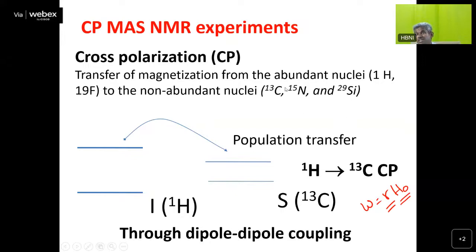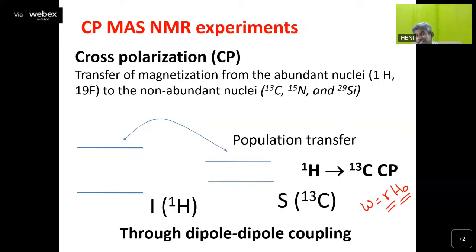Because carbon-13 is less abundant, if you want to get a good signal-to-noise ratio, we need some sort of polarization transfer from proton. Invariably, in all organic compounds, carbon is many times associated with hydrogen. So we are lucky that we have an abundant species like hydrogen very close to carbon. With that dipole-dipole interaction, if hydrogen is away from carbon, then we cannot do it, because dipole-dipole interaction decreases with increase in distance. In fact, it is inversely proportional to the cube of the distance.